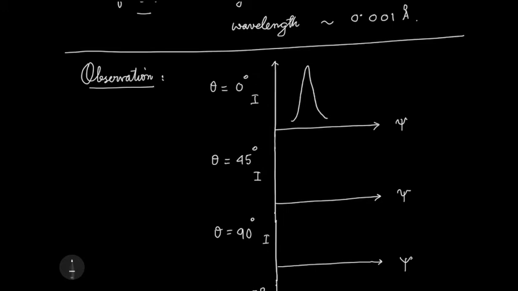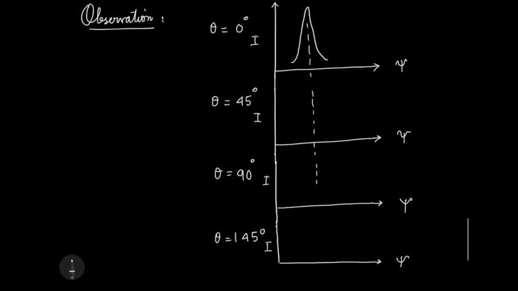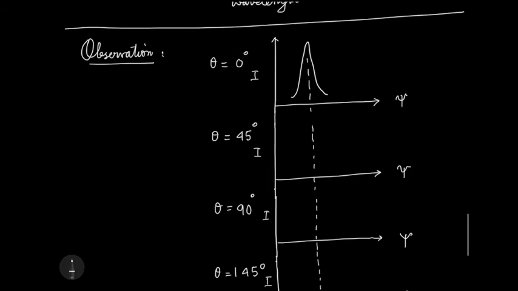Now what was observed at theta equals 45 degrees? Let me draw a vertical line which corresponds to the wavelength of the incident radiation. At theta equals 45 degrees, this was observed: you see a peak there and then something else starts to come up.